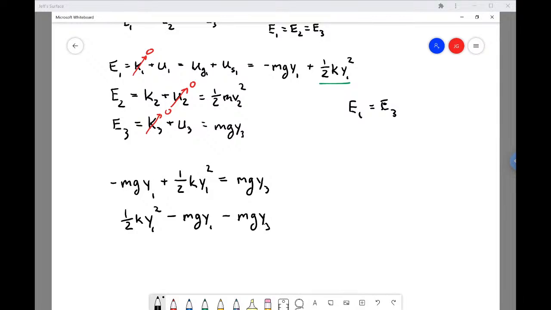We could figure out what this term is because we know everything in it from both sides, and that equals 0.